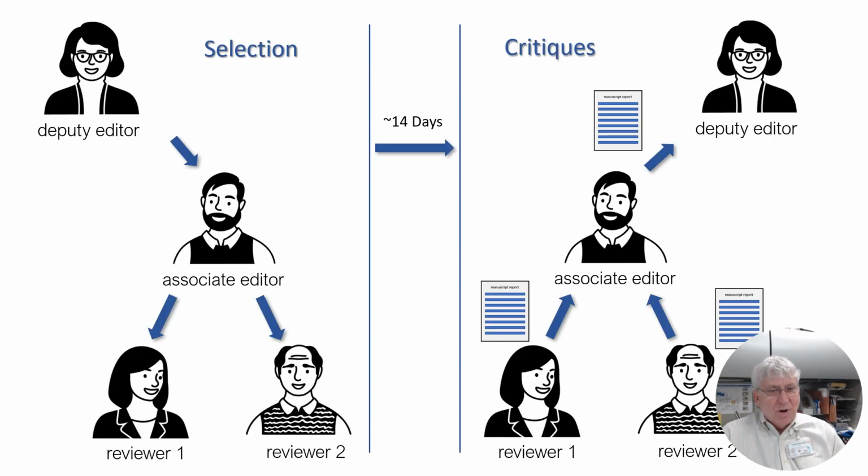So in general, what happens is the deputy editor assigns an associate editor who then subsequently assigns reviewers. Hopefully, ideally, within about 2 weeks, the critiques return. So from the 2 reviewers back to the associate editor, and then the deputy editor reviews the associate editor and the 2 referees' comments and makes a decision.